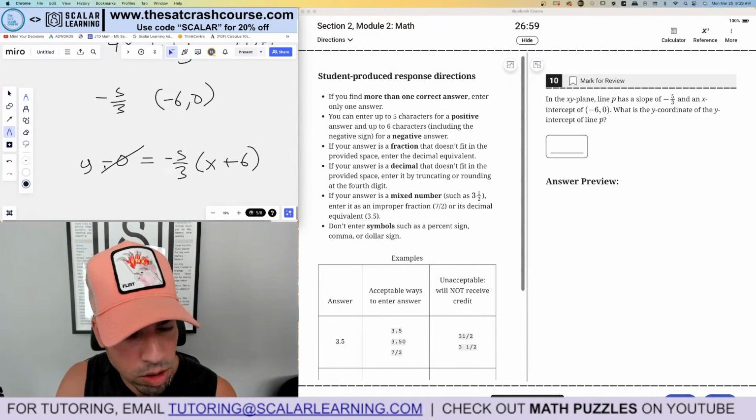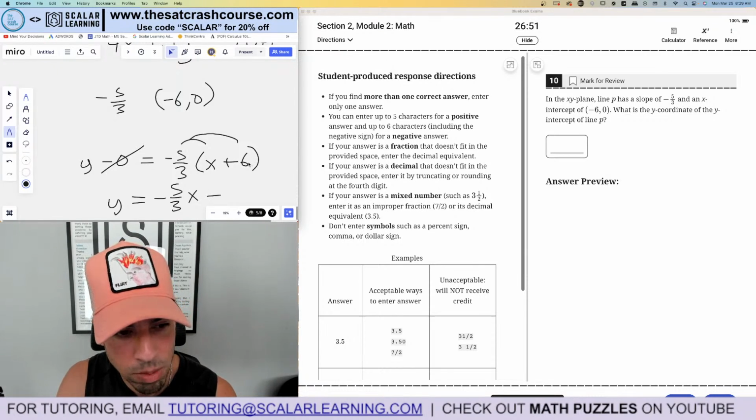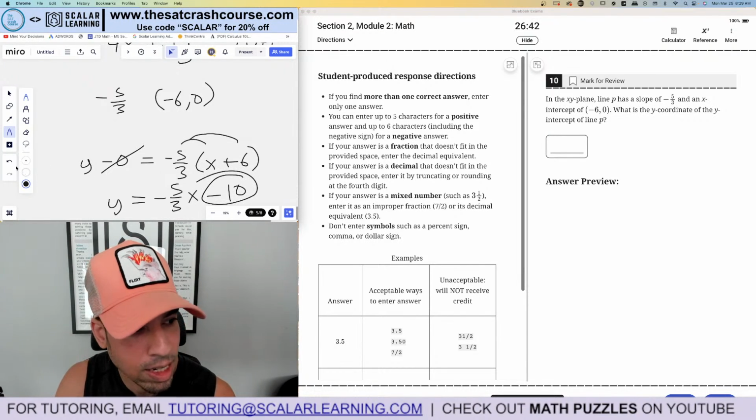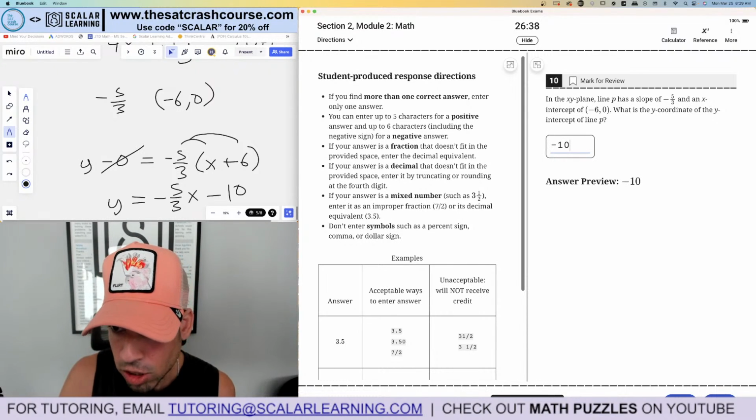That goes away because it's just 0. And then we're going to distribute: y equals -5/3 x minus, because of the negative, -5/3 times 6, that's -10. Right? Because that becomes -30 over 3, which is -10. And this is in slope-intercept form, meaning that is my y-intercept. So the y-intercept is -10.